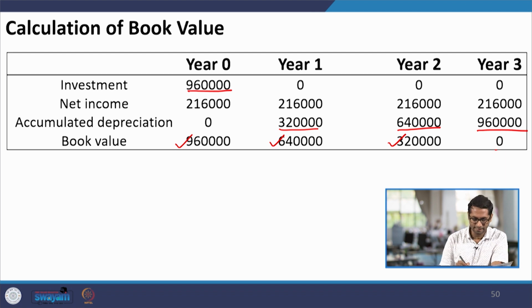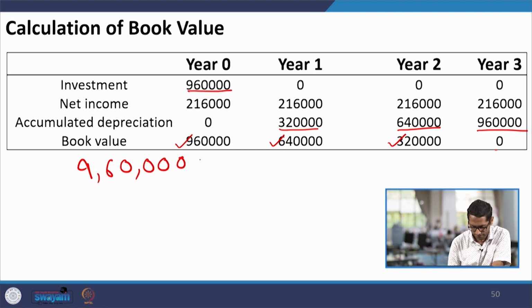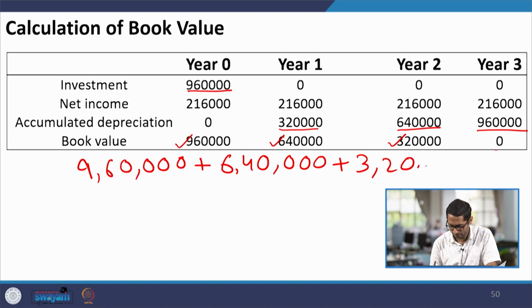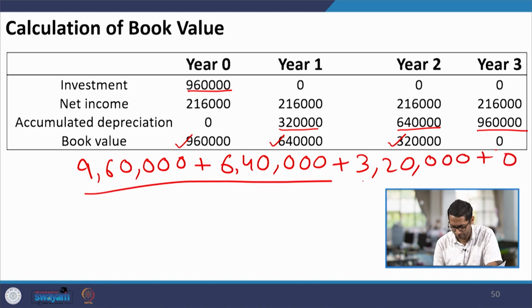So if I would have to evaluate the average return on book, the first thing is I would take the average value for the 4 years, which is 9,60,000 plus 6,40,000 plus 3,20,000 plus 0, which is at the end of 4 years, and divide that by 4.